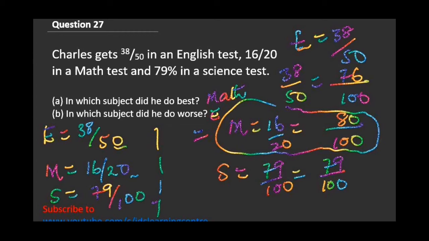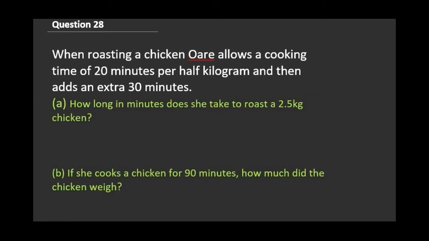Okay, to question 28. When roasting a chicken, Ore allows a cooking time of 20 minutes per half kilogram and then adds an extra 30 minutes. The first question says, how long in minutes does she take to roast a 2.5 kg chicken? So to find out how many half kg are in 2.5 kg, you divide 2.5 kg by half kg, which is the same as 0.5 kg, now times 20 minutes.